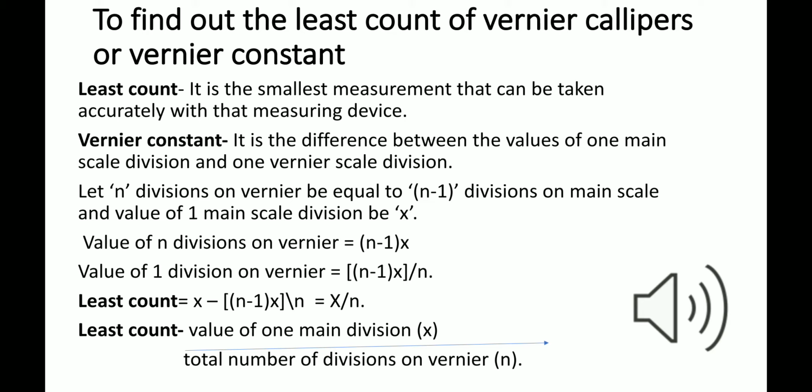So from here, we conclude that the least count of vernier will be the value of one main scale division upon the total number of divisions on the vernier. If you see the previous slide, the value of one main scale division is 0.1 centimeter, and there are 10 divisions on vernier. So 0.1 centimeter divided by 10 becomes 0.01 centimeters.